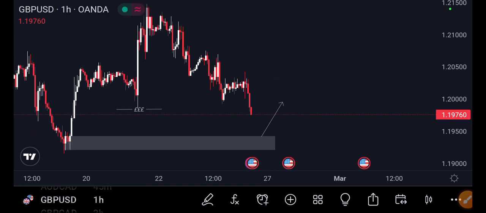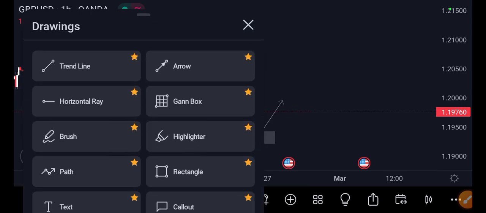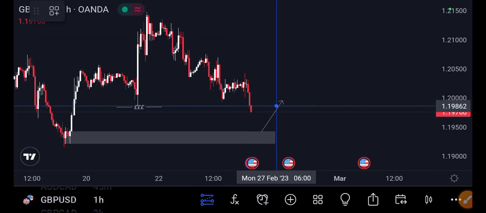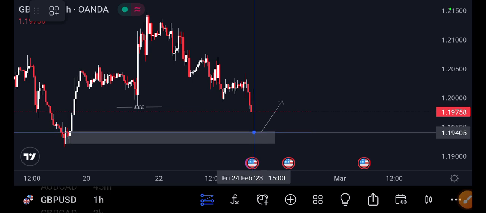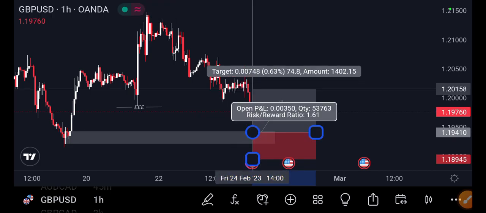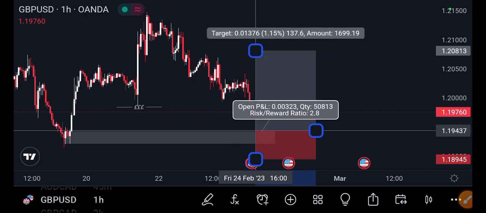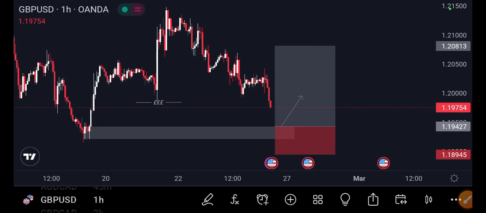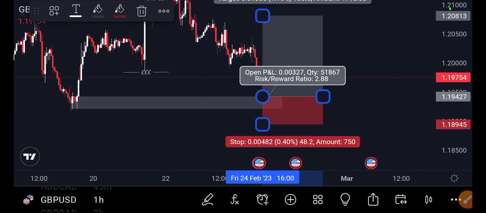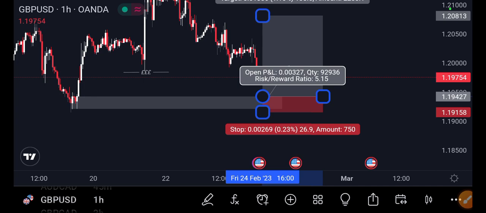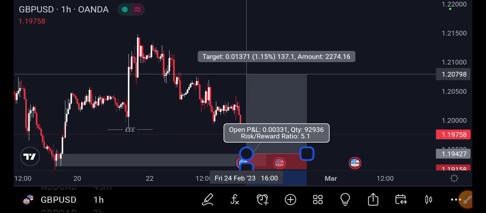If you want to take a risk entry, you just enter from this side here. Long position. Stop loss will be here, below it.